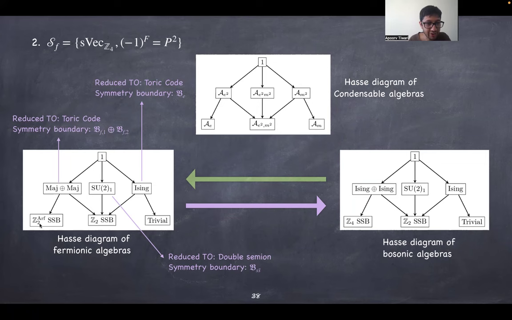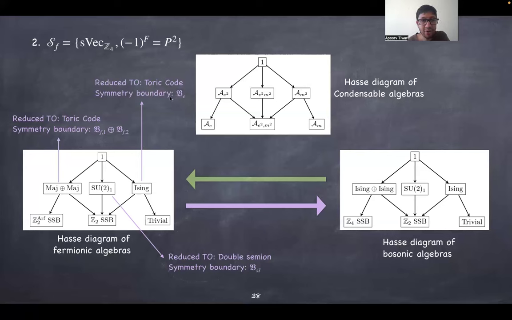This has deformations to a Z2 ARF SSB phase, which has two vacua, both of which realize the ARF theory, and a bosonic Z2 SSB, where there are just two vacua, both of which realize the trivial fermionic phase. Instead, let's look at the algebra A_M squared. This, again, implements an interface to toric code.